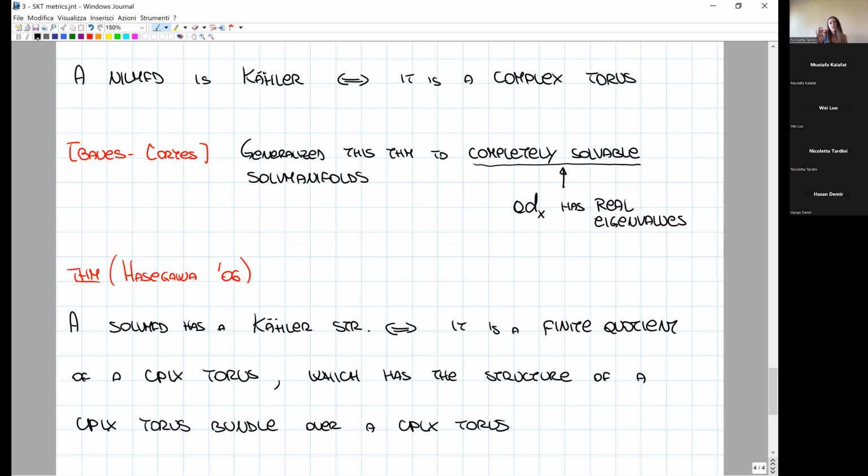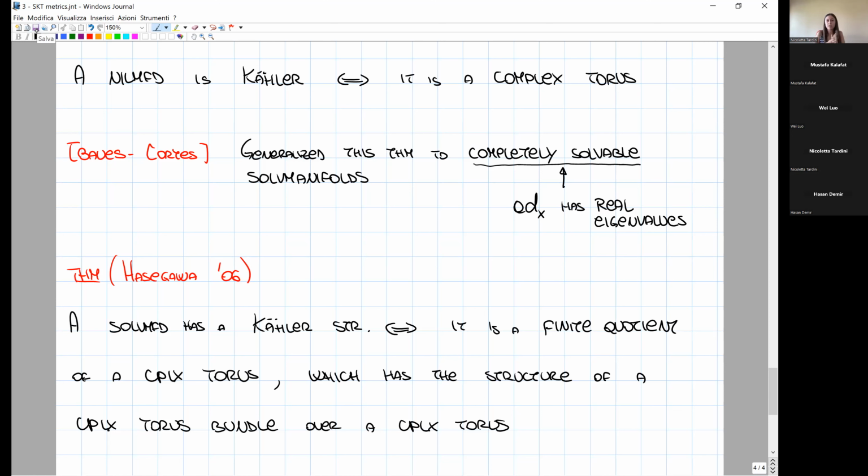So in general, we don't have just tori, okay? But still, you see, when a solv manifold has a Kähler metric, then it has a very specific structure, okay? So that's why, at least for people who are interested in studying complex manifolds with no Kähler structure, with no Kähler metric, a good source of examples is provided by nil manifolds and solv manifolds, okay?